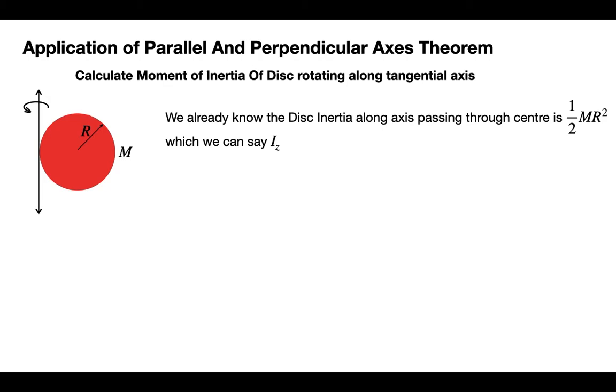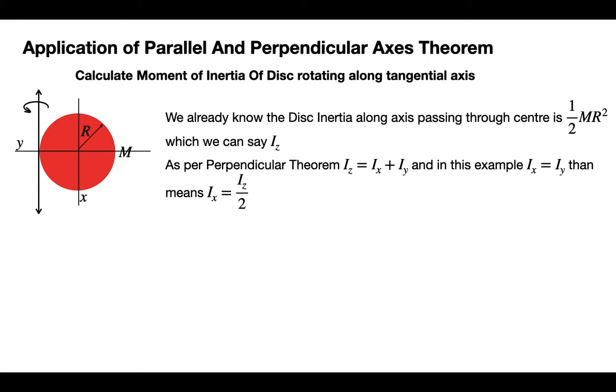We already know the disk inertia along the axis passing through the center, perpendicular to the plane of the disk, is half mr square, which we can say is Iz, because x and y will be in the plane of the disk, and z will be the perpendicular.